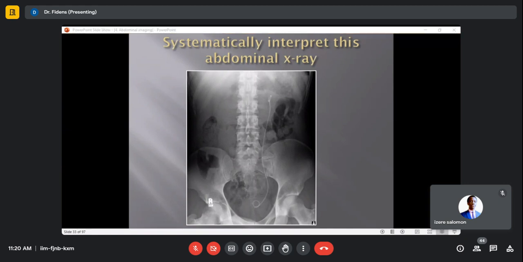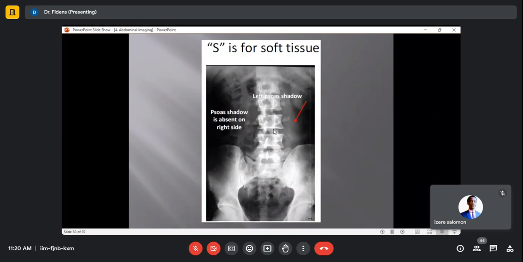Yes, Rector. Which one? The one we are looking at? No, the next one, systematic interpretation abdominal. Okay. We are here.